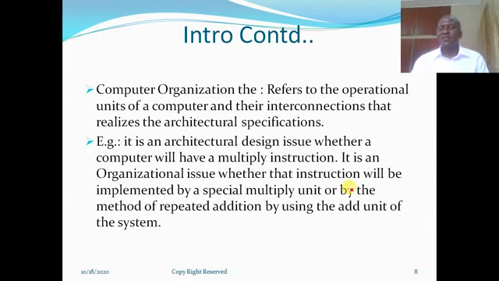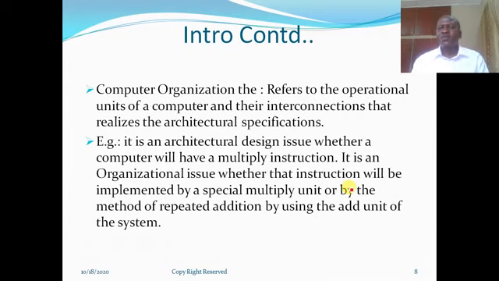So while the computer architect is mostly concerned about writing out the detailed description or specification of all the different sets of instructions that the computer system deals with, the computer organization is concerned with how those physical units are being arranged, their sizes, the type of interconnecting wires that connect them, and how they interact with one another.